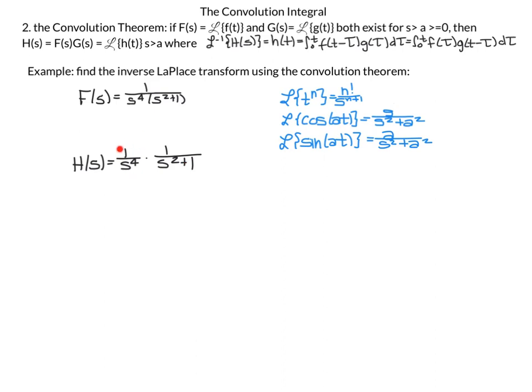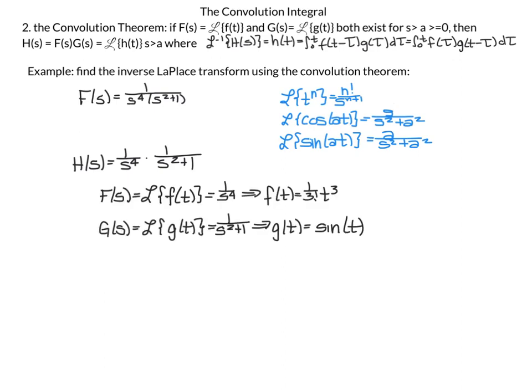So here I look up on my Laplace table, and I see that the Laplace transform of t to the n is equal to n factorial over s to the n plus 1. So I have something roughly equal to that, and I'll show you why I say roughly. Here I see that this follows the form for the Laplace transform of sine. So capital F of s is the Laplace transform of little f of t, and it is equal to 1 over s to the fourth.